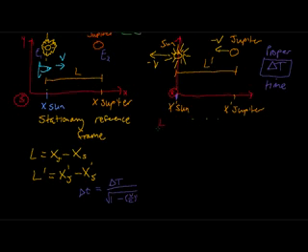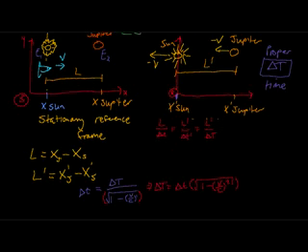So we know that L over delta T is equal to L prime over delta T prime. And we know that delta T is equal to this, where in this case delta T prime is our proper time, so that should be equal to delta T over our proper time. If we rearrange this formula and multiply both sides by this value, we get the proper time is equal to delta T times the square root of 1 minus v over c squared.